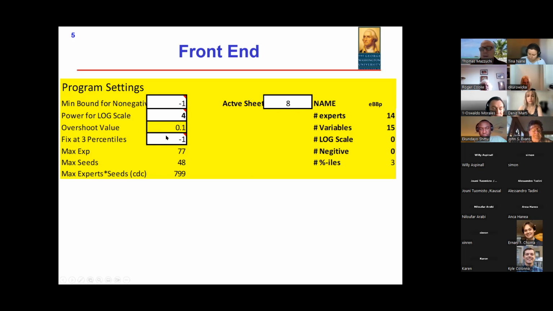And a 3 to 5 percentile truncation. So there are several data sets that are 5 percentiles. If you want to treat them as 3 percentiles and just drop out the 2 other percentiles, you can put a -1 in and it'll ignore the other 2 percentiles and just deal with the 3 percentiles. If you wanted to include the percentiles as they are, you would put a +1 value in there.